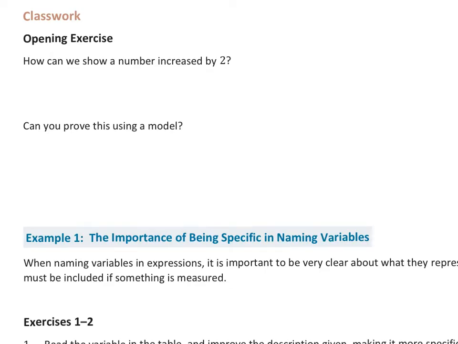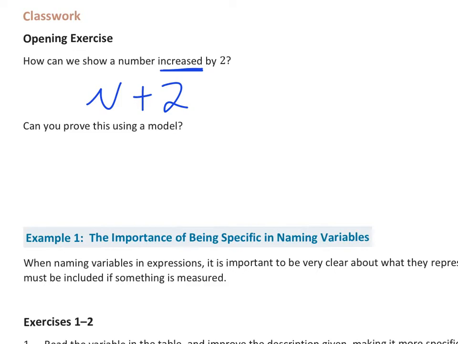So the lesson starts out with some review of previous lessons. How can we show a number increased by 2? So obviously language we need to understand is the word increased means to get bigger. And increased is usually an addition, unless it's increased by equal groups, which it's not. So we have an unknown number. I'm just going to call it n. And we want it to increase by 2.